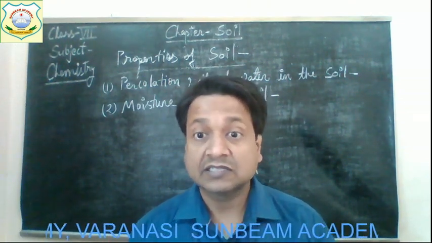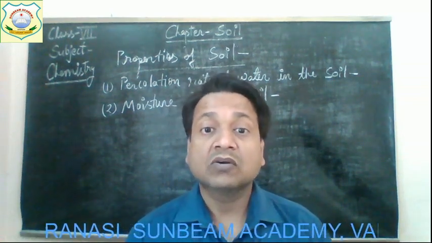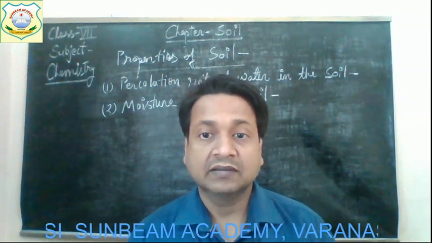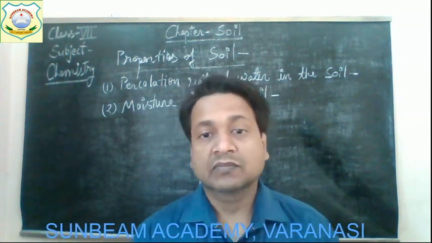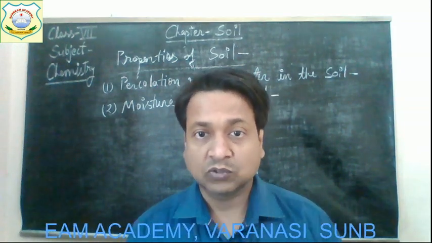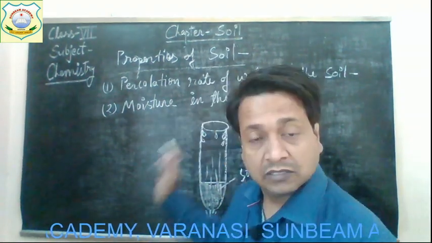Get it? This is the reason that soil seems to shimmer, because of reflecting the sunlight and the air by the layer of water vapors. Get it? So this is the second property of the soil, that is moisture in the soil.